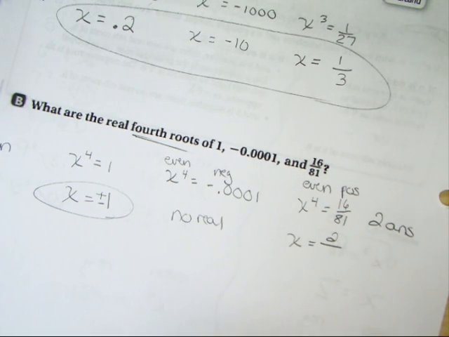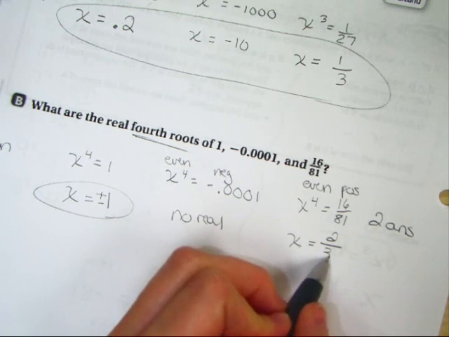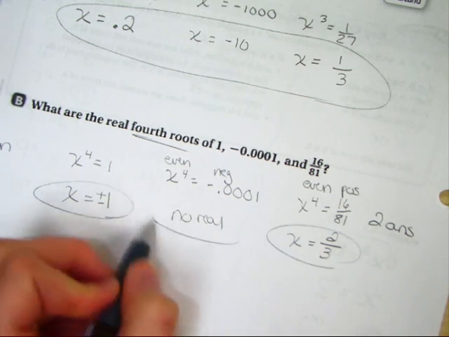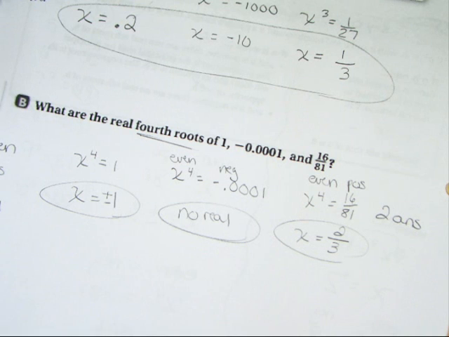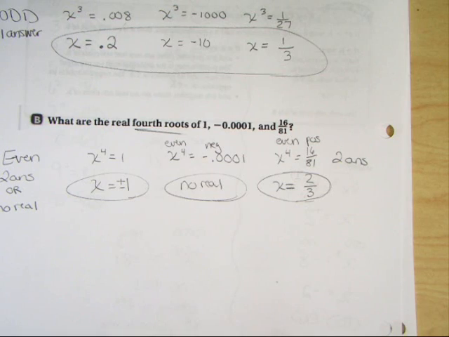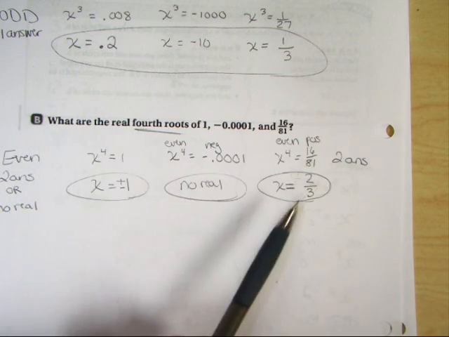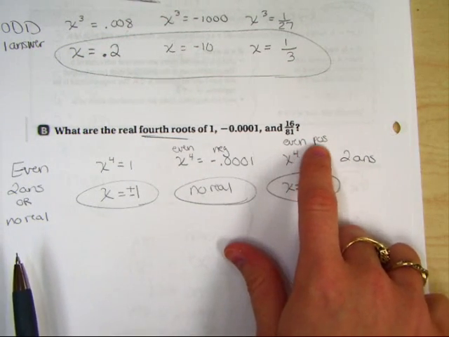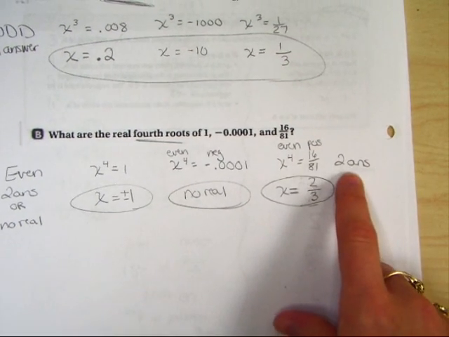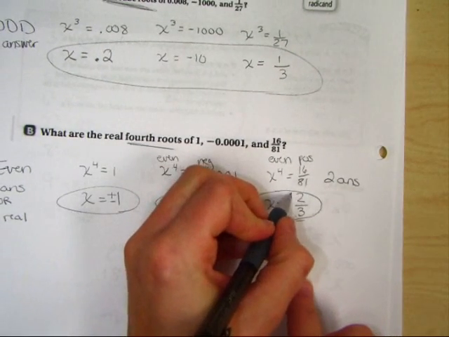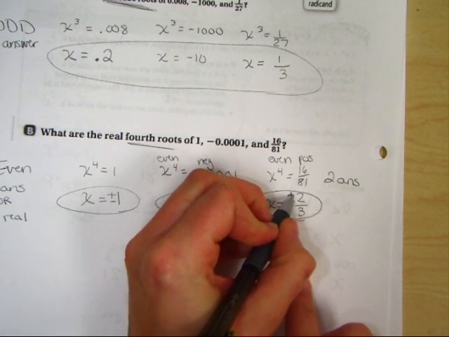What times itself 4 times gives you 81? 3. These are our 3 answers. The last thing that I have to make mention about in problem 1b is because this was even and positive, and I said it had 2 answers, that means your 2 answers are the plus and the minus.